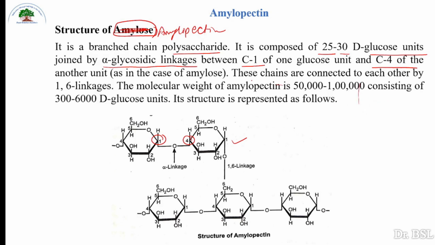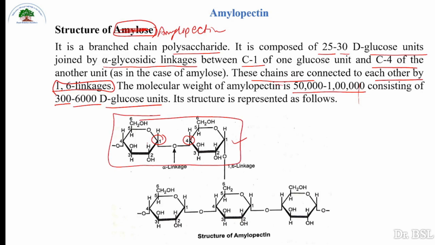These chains are connected to each other by 1,6 linkage. The molecular weight of amylopectin is 50,000 to 1 lakh, consisting of 300 to 6,000 D-glucose units. Its structure is represented as given below. So this is one chain.